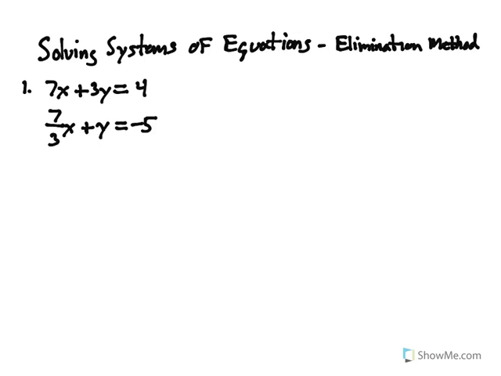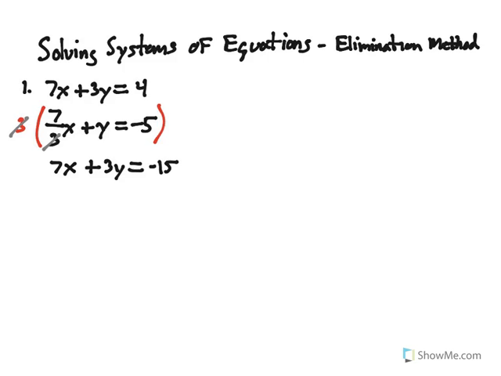If we multiply the whole thing by 3, the denominator cancels with what you're multiplying, and you're left with 7x plus, and then 3 times y is 3y, and then 3 times -5 is -15.